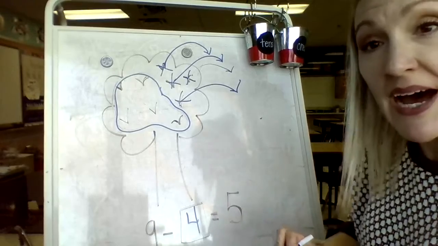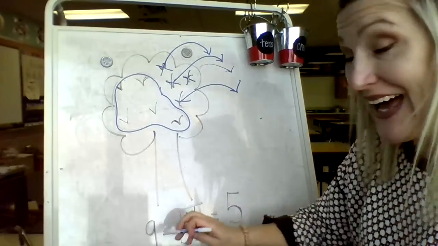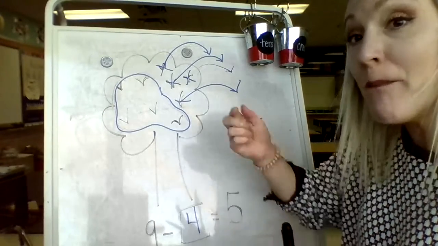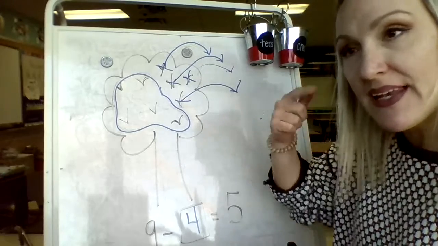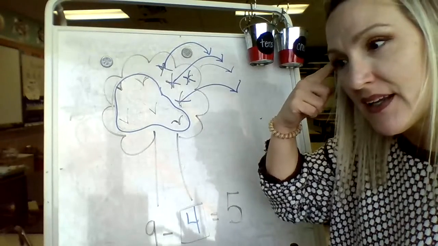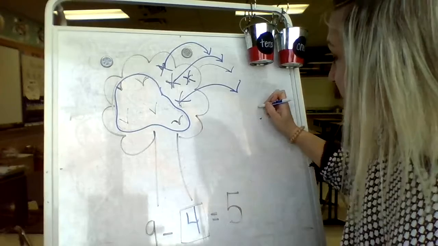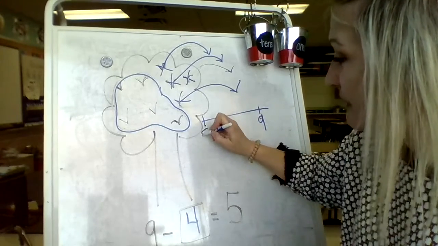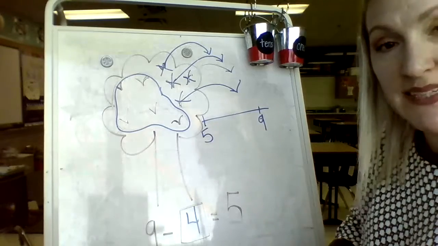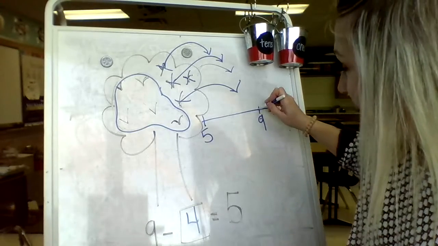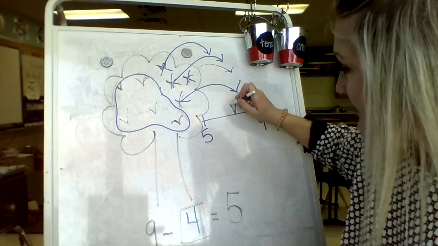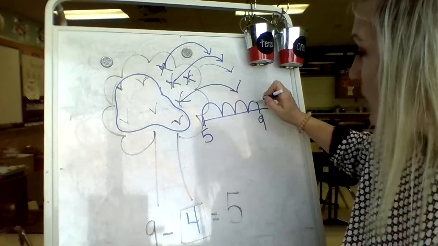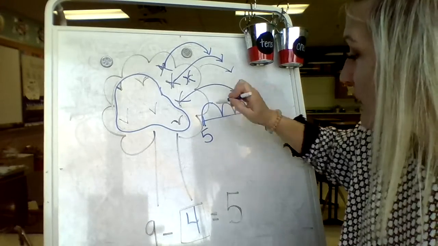I could solve this another way. I could say 9 and count backwards because we're subtracting. 9, count back until I get to 5. So here's 9, the number line. Here's 5. I'm going to stop when I get to 5. We'll see how many hops it takes me. 9, 8, 7, 6, 5. 1, 2, 3, 4.